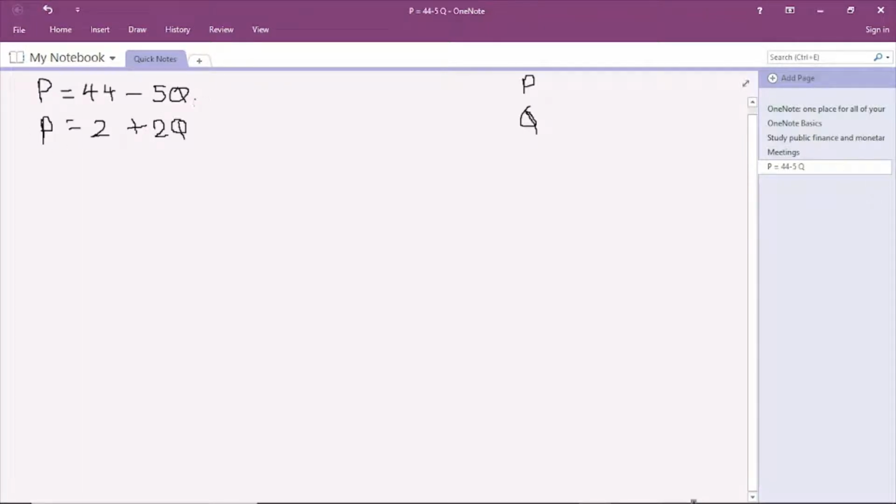Let me just show you that this is a demand equation. Sorry, this is bad handwriting on the computer. Anyway, I'll just put S here. Okay, supply.